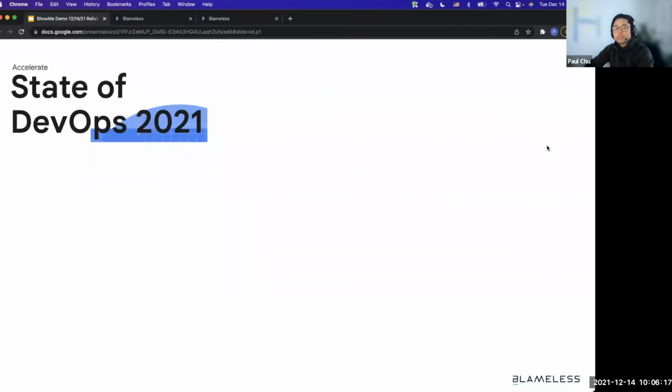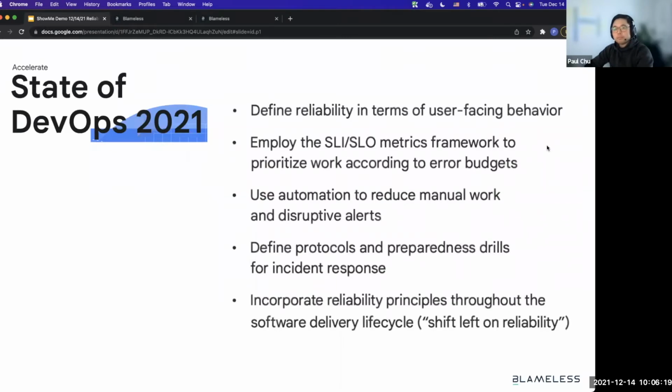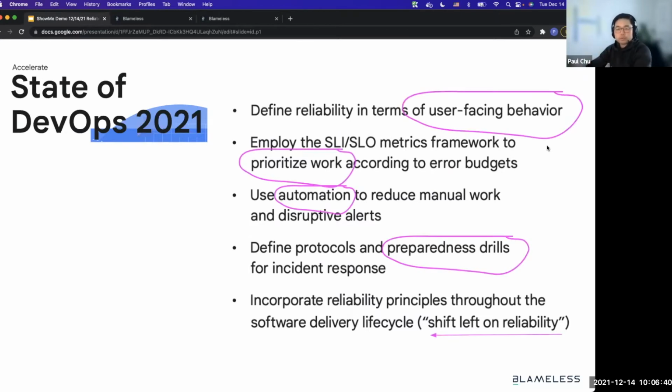Now, a recent publishing came out, State of DevOps 2021, and this is actually from a team at Google, and this is their seventh iteration of this report. But you'll see here that with the Blameless version of reliability, it's not only just us preaching that, it's also these other thought leaders in the space where you'll see there on the first point, reliability.